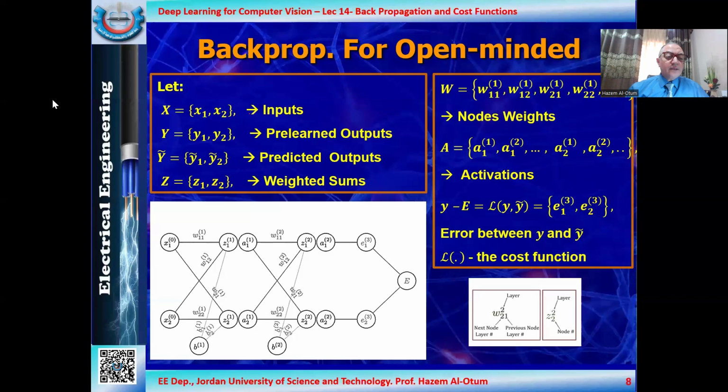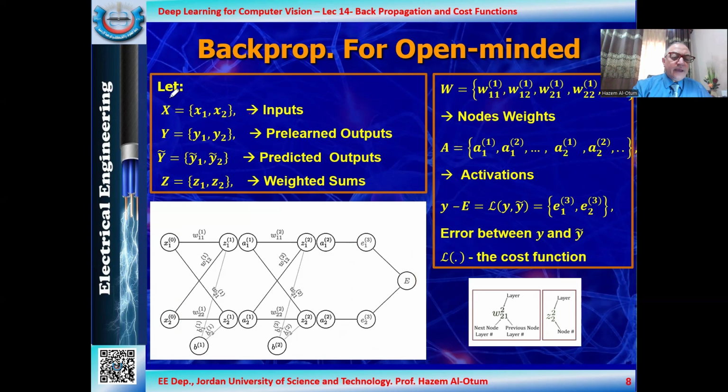Now, if you look at this box at the upper left corner, we have the x values. Here we have a matrix or a vector or maybe a tensor, x1, x2. This is x1 and this is x2. We have y outputs: y1 will be at this place and y2 at this place. These are checkpoints, not a layer.